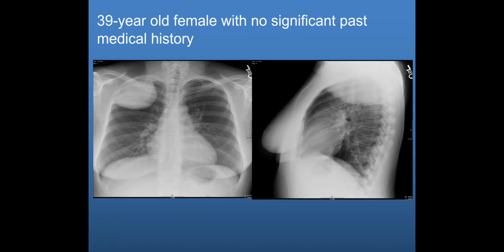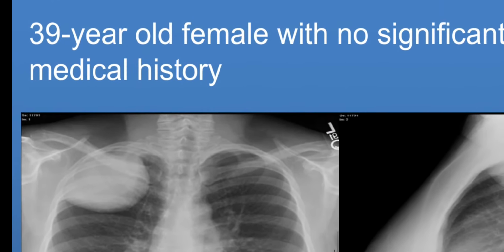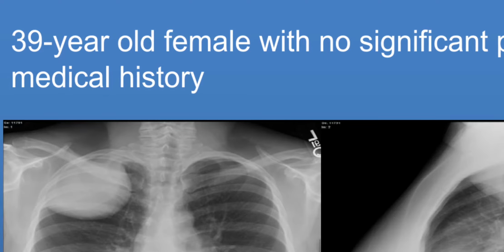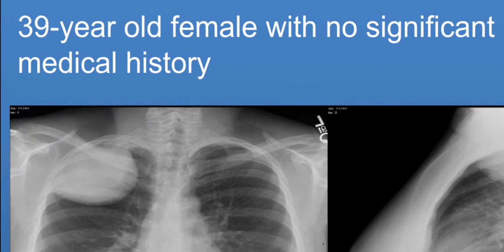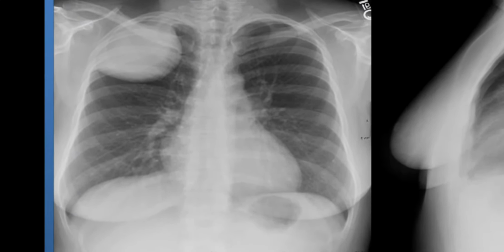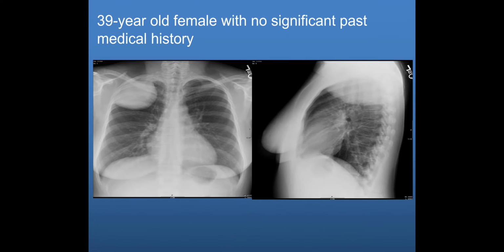Here, a 39-year-old female with no significant past medical history. Chest X-ray shows a rounded, pleural-based mass on the upper zone of the right hemithorax, on PA and lateral view.